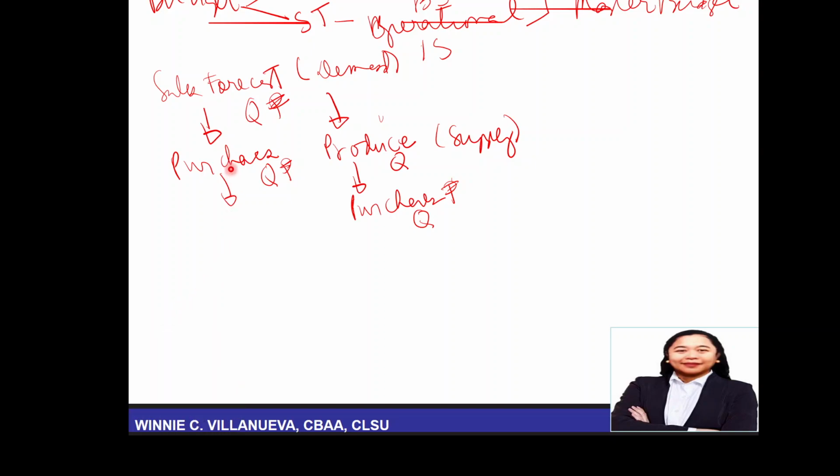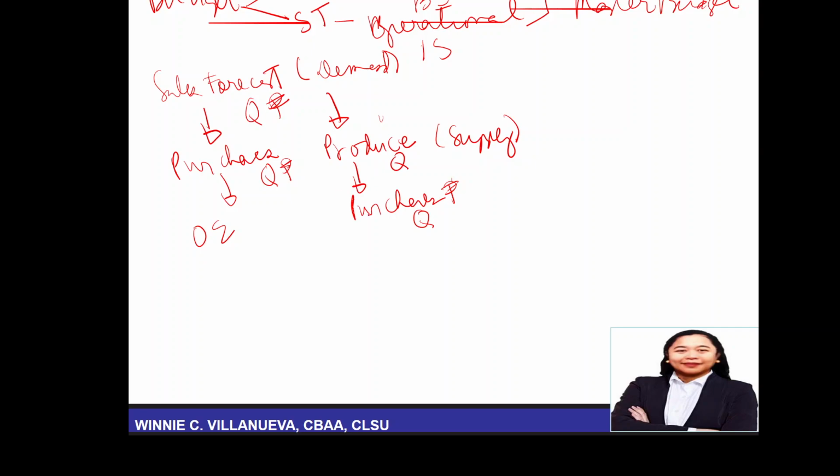Sa sales forecast, under sales yan, net sales. Purchases produced under the cost of sale, okay? Eh, ano na yung nasa baba nun? Eh, hindi ba operating expenses? So, you would look into your operating expenses.